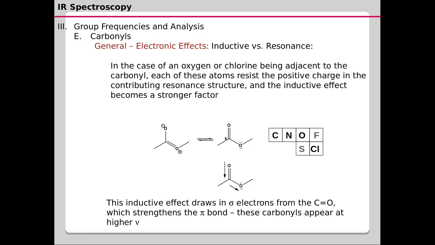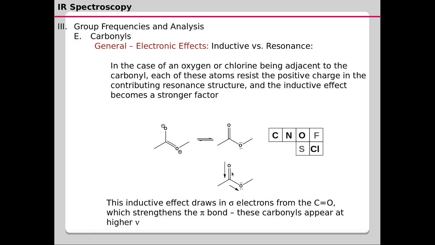Okay, and as for the inductive mechanism, the oxygen is a highly electronegative atom, and it should be able to withdraw, or attract, the sigma bond electron density towards itself. Okay, that would make the carbon delta positive, which would draw the sigma bond electron density towards it.